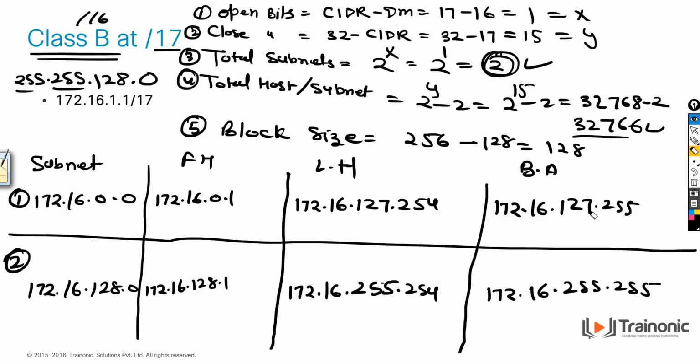Broadcast is 127.255. When we add 1 here, it becomes 0 and 1 is incremented here, which is the next subnet. First host is 128.1, last is 255.254, broadcast 255.255. So this was our class B subnetting at /17. Thank you.